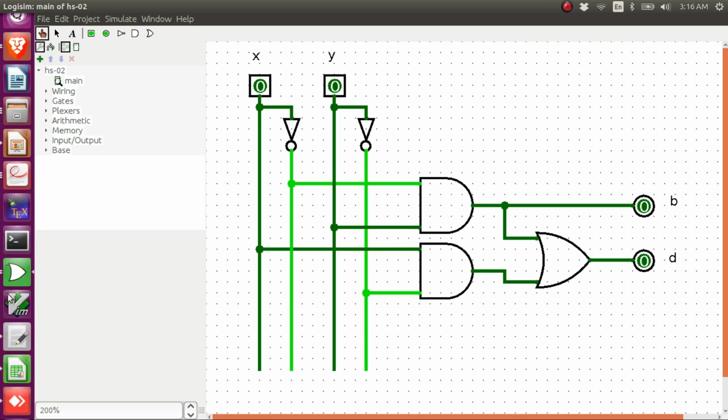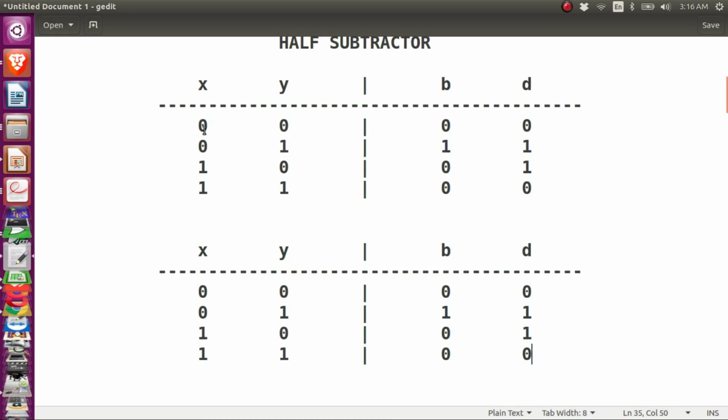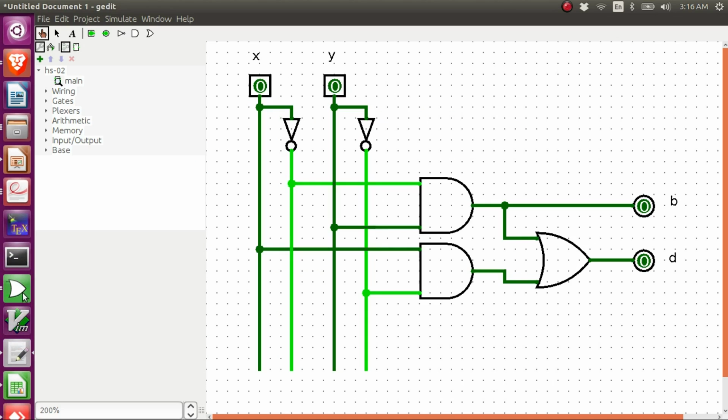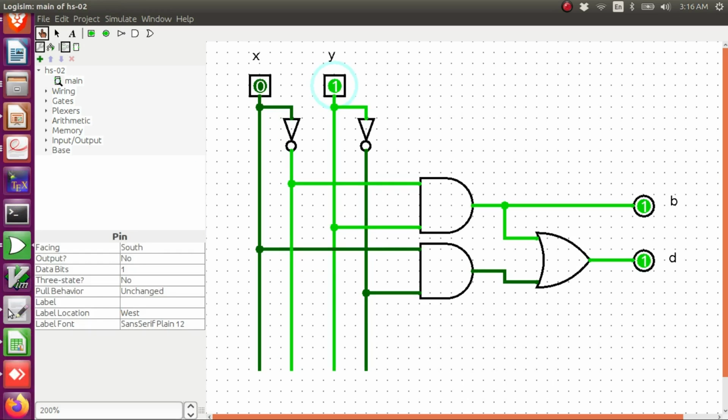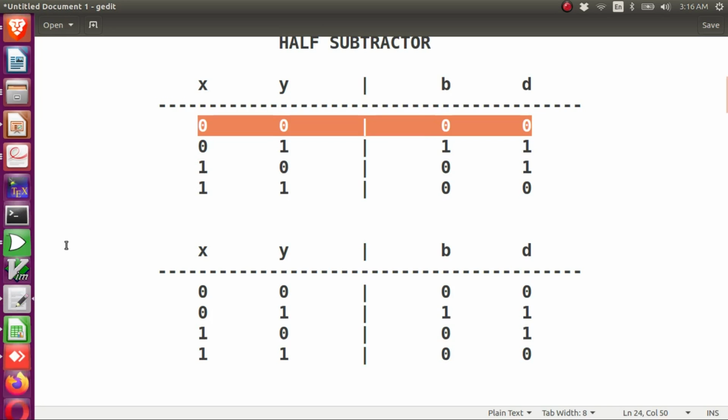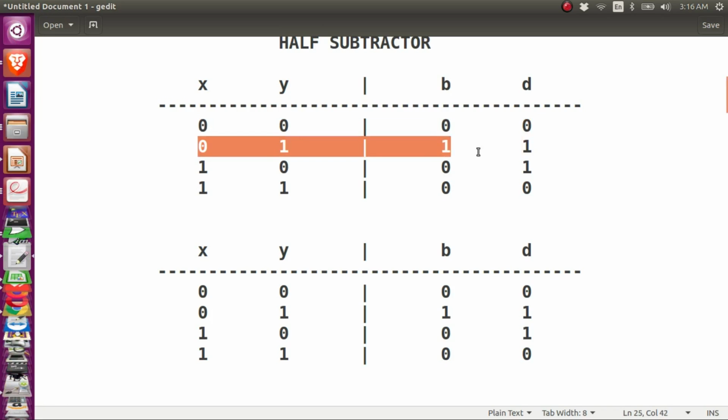As you can see, for 0 0, I'm getting the output 0 0, which is matching with this truth table. If I change the input to 0 1, I get the output 1 1, which again is matching the truth table here.